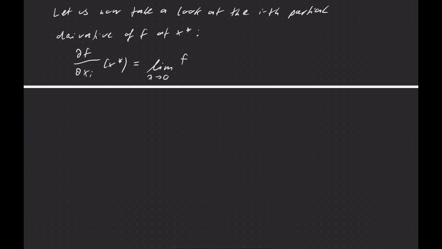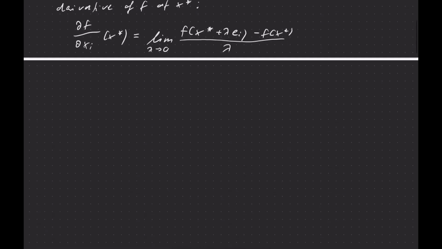We're taking f evaluated along the line through x star in the direction ei, so the ith coordinate. So we have f of x star plus lambda ei, and this is the line through x star in direction ei. Then we're subtracting f at x star, and we're dividing by lambda. So that's the definition of one-dimensional differentiation. Okay, so that's the limit we're looking for.